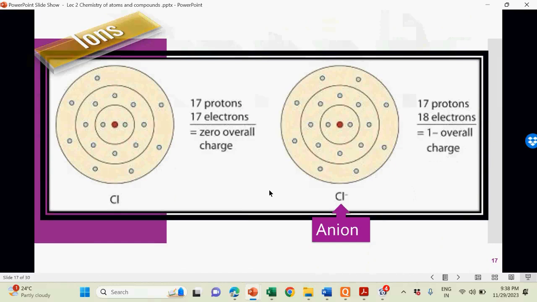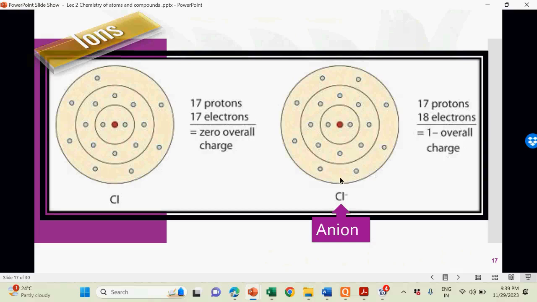This is another way to represent the same. The chlorine atom has 17 protons in the nucleus plus 17 electrons. So this is the atomic number of chlorine, and 7 of these electrons are in the outer energy shell, but they have the tendency to accept one more electron to become 8 electrons and have the stable configuration of the octet rule.